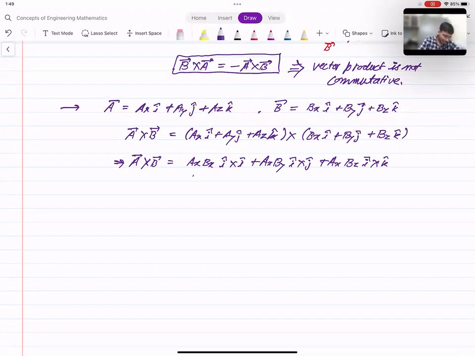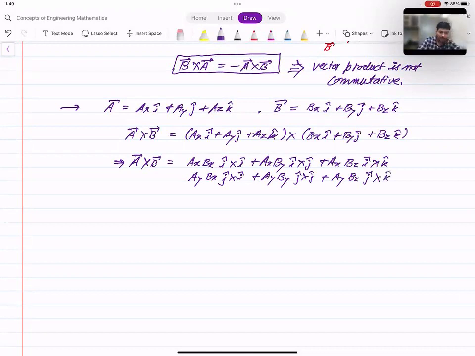Similarly, this will be ay bx j cross i plus ay by j cross j, then ay bz j cross k.